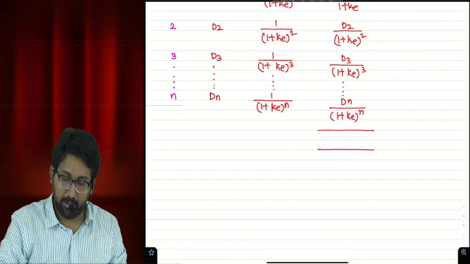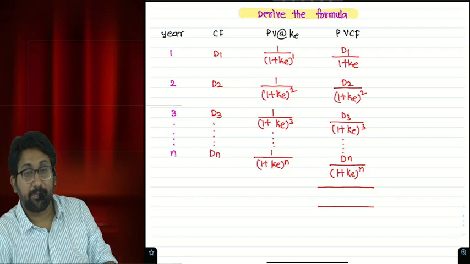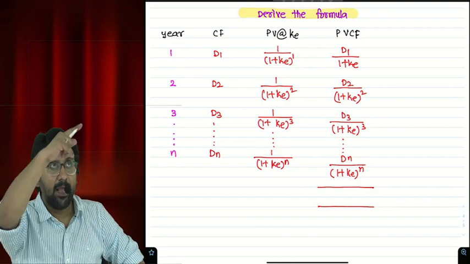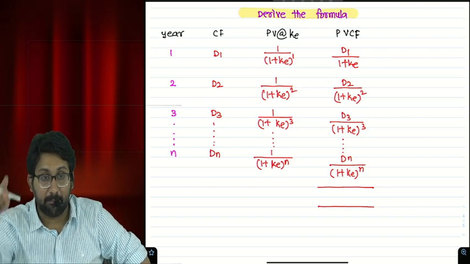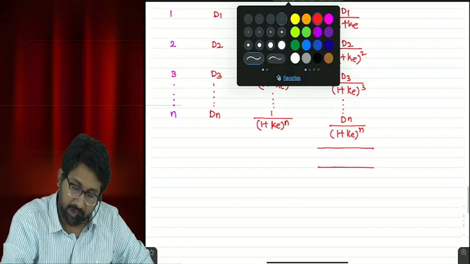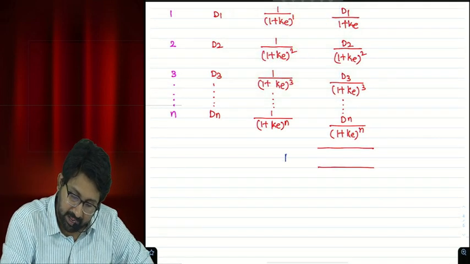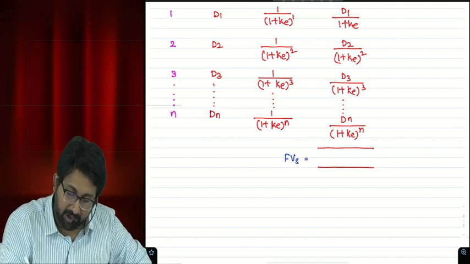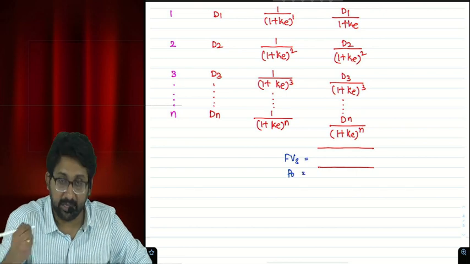Total. In the capital budgeting mini problem we took at the beginning, cash flows, PV factor, everything calculated, we call the summation the fair value of the asset. Here we call it the fair value of a share, also called P naught.